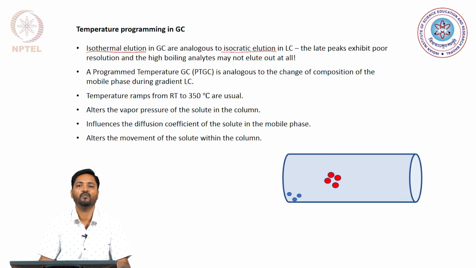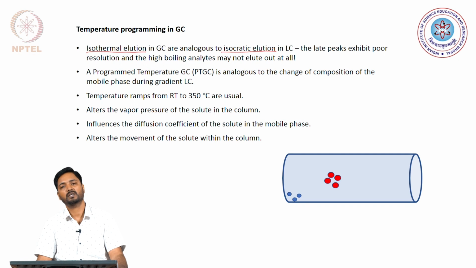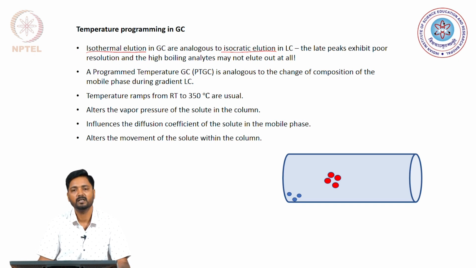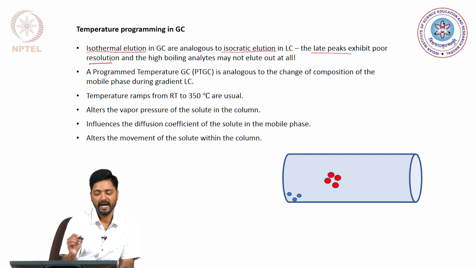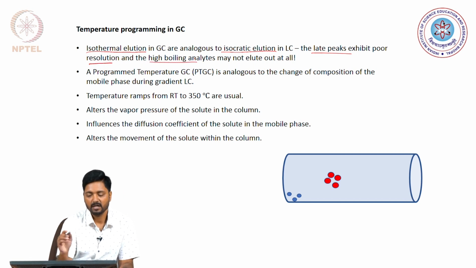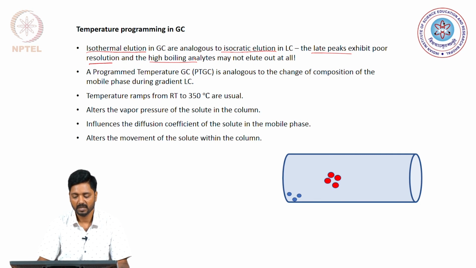So the vapor pressure of the carrier gas and the analyte does not change in this kind of elution in gas chromatography, and a sort of challenge or a drawback for isothermal elution is that the late peaks, the peaks that come out much later from the column, exhibit poor resolution, and of course high boiling analytes may often not elute at all if we have not chosen the right temperature for elution.